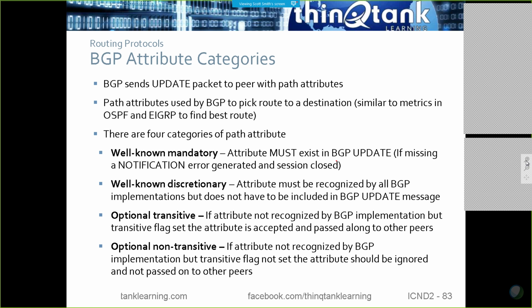So let's say it is an optional attribute and I don't know what it is. If it's transitive, that means even though I don't know what it is, somebody past me might know what it is, so pass that attribute along the line to my next neighbor. Because my next neighbor may choose to use that attribute even though I have chosen not to use that attribute. Does that make sense? Optional non-transitive means if I don't recognize the attribute and the transitive flag is not set, then I simply ignore the attribute and I don't pass it on to my peer.